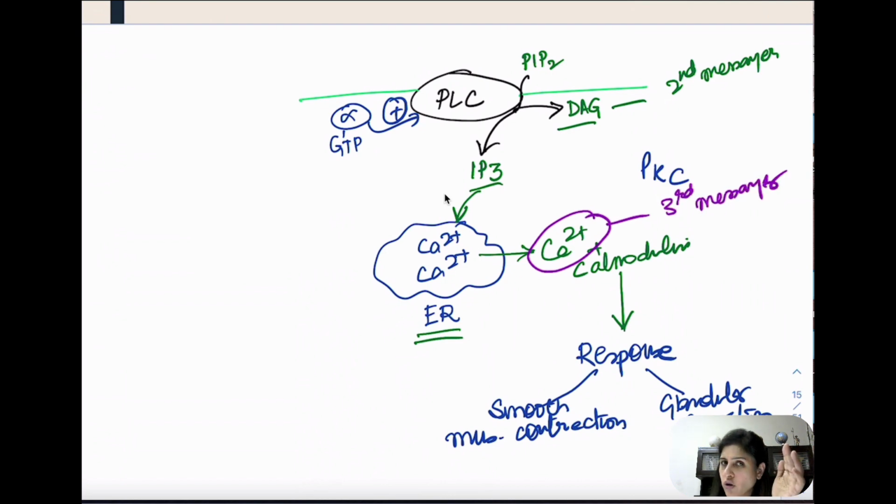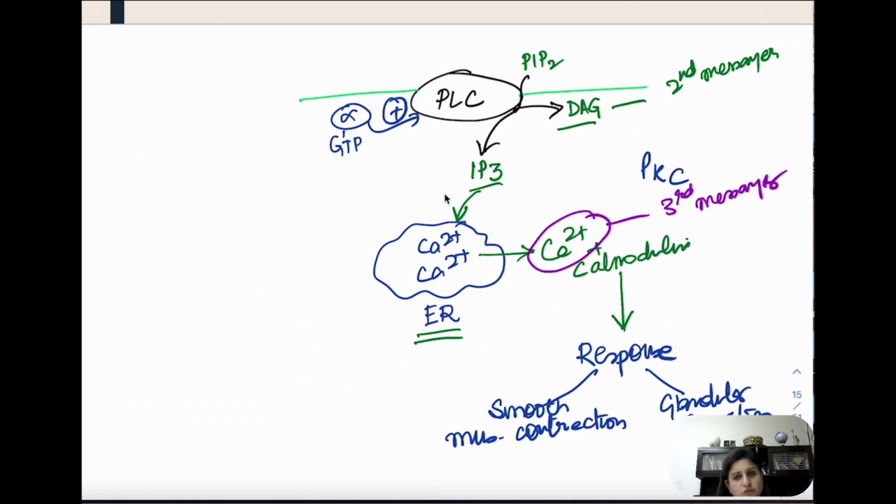The first messenger is always the agonist, the ligand. Second messengers, in this case, were cyclic AMP there, and here they are IP3 and DAG. And in this case we also have a third messenger which is further carrying the message of causing smooth muscle contraction and glandular secretion. Okay?